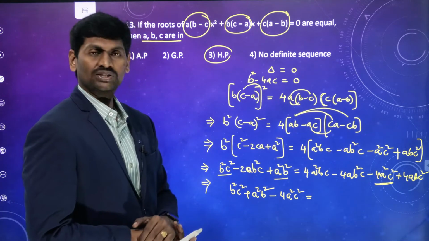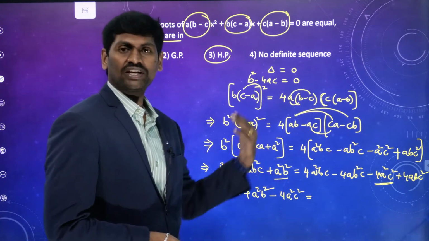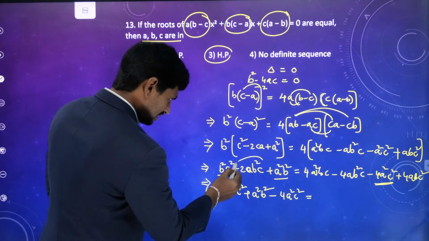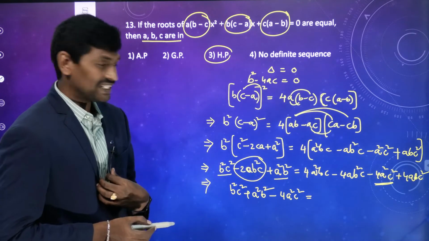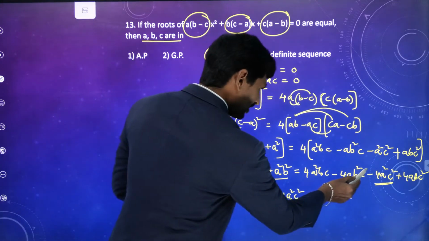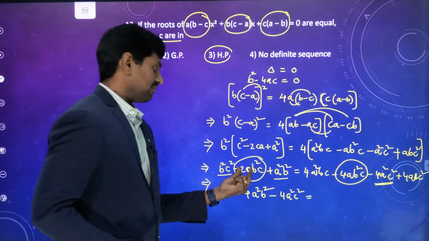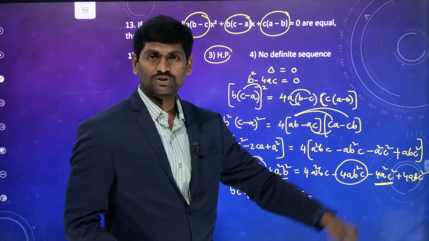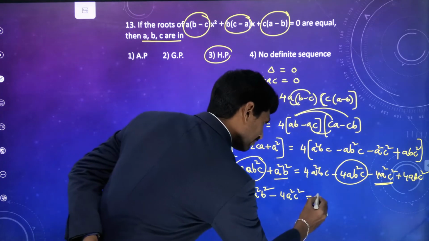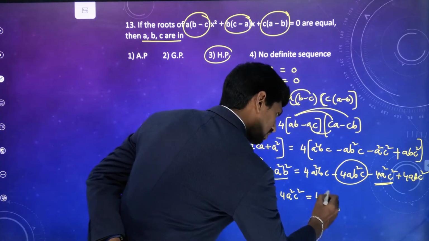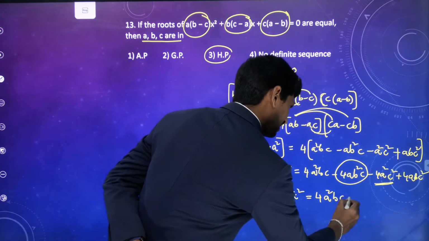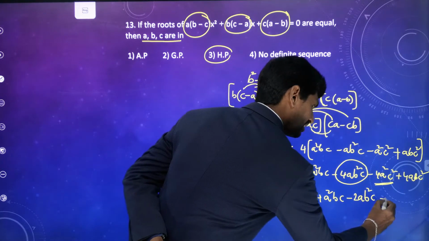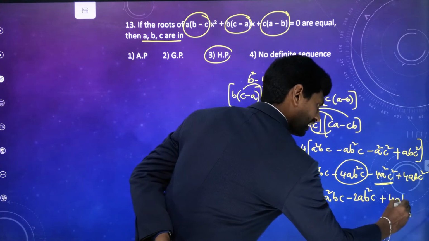So minus 2a b square c, if I transpose it will be plus. See this one here, a b square c term, here also a b square c term. When you transpose it will be plus, this is minus. So minus 4 plus 2 is minus 2. So the remaining I am writing as it is: 4a square bc minus 2ab square c plus 4ab c square.